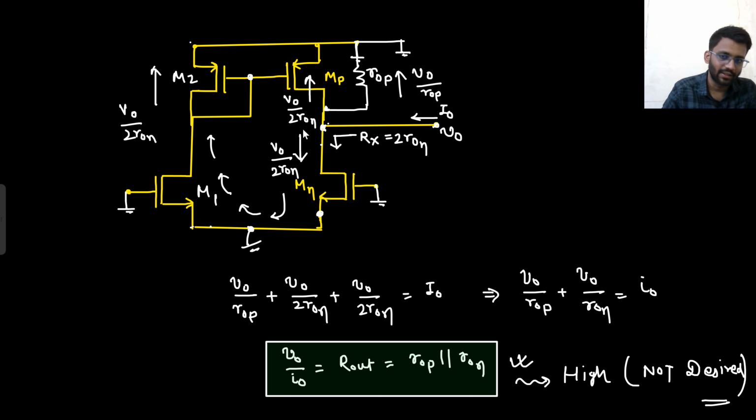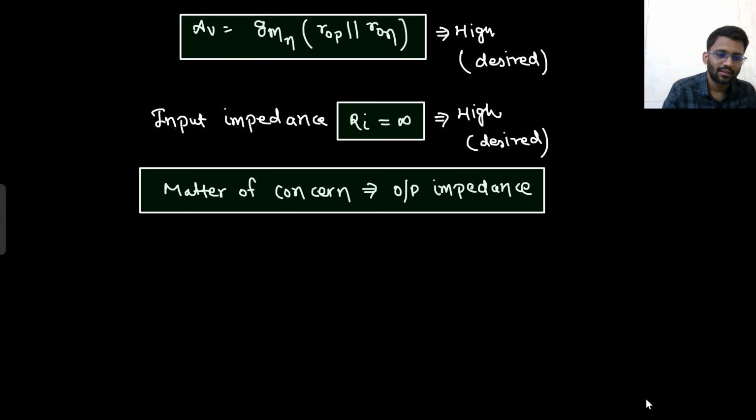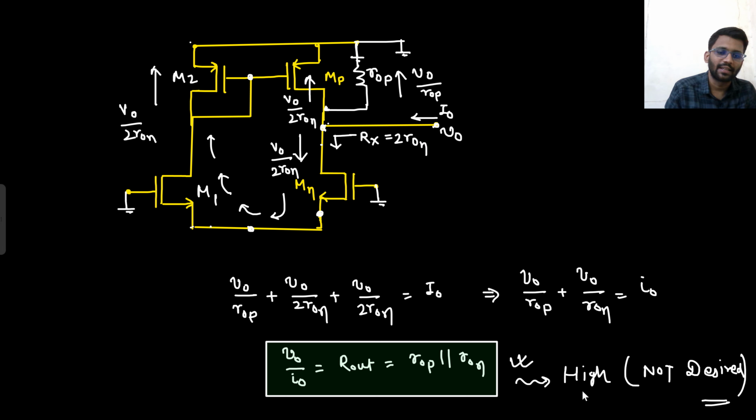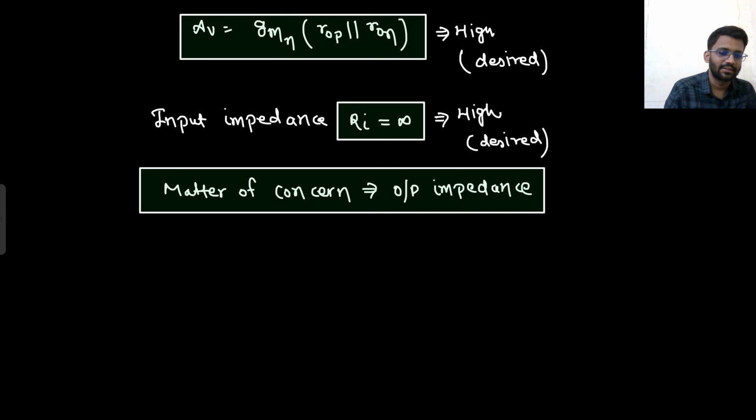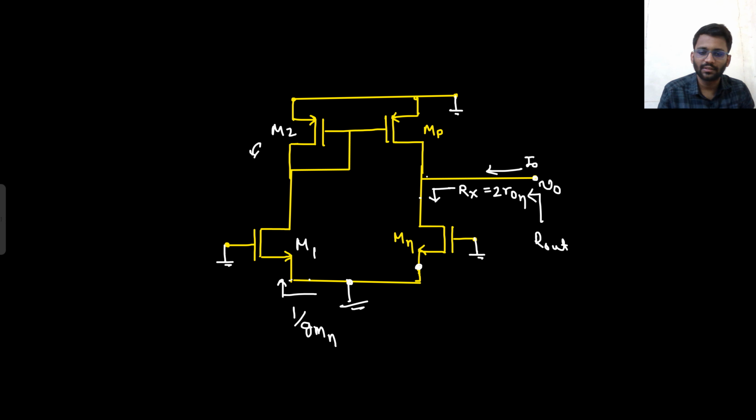We also saw that the current downward is V0 by 2 R1, not V0 by R1, right? So now our concern is this output impedance, that is high. So we need a low output impedance. But before that, let's study a bit more about this stage.